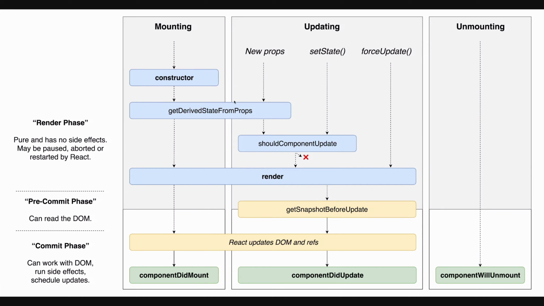So if there's work going on, then we can pause and wait for something that's got higher priority. The commit phase, though, I believe can be synchronous, depending on what's going on. So it does work with the DOM. It'll be running side effects, it'll be running updates, and I guess that's how the reconciliation algorithm works. But yeah, hopefully this made sense.